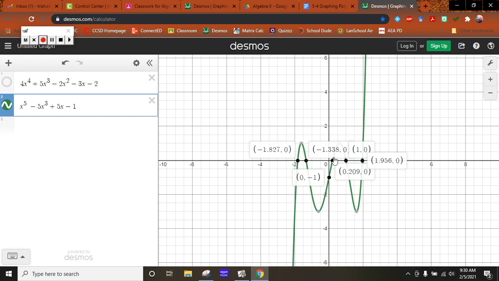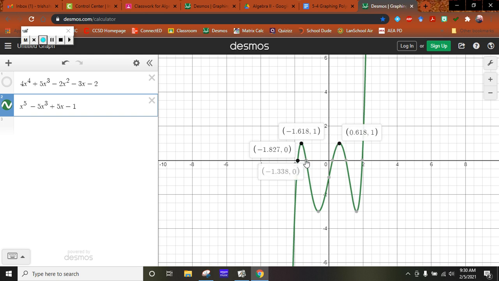Ooh, I don't like that. So sometimes when you highlight them, they kind of get in the way of things. So I'm actually going to go back and highlight these first, then highlight my zeros. Since there's several points on this graph, they kind of get in the way of each other, so you have to really make sure you're keeping track of where every point came from.